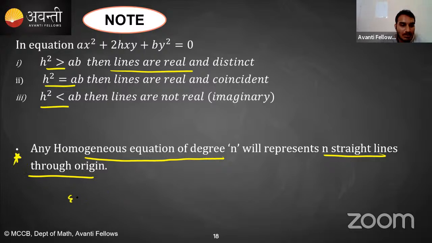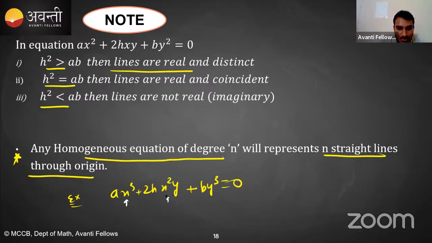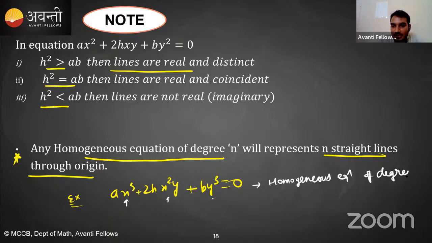So for example, if I say that ax cube plus 2hx square y plus, let's say, by cube is equal to 0, right? If we check, this has degree 3, this also has degree 2 plus 1, 3, this also has degree 3. So this is nothing but a homogeneous equation of degree 3.